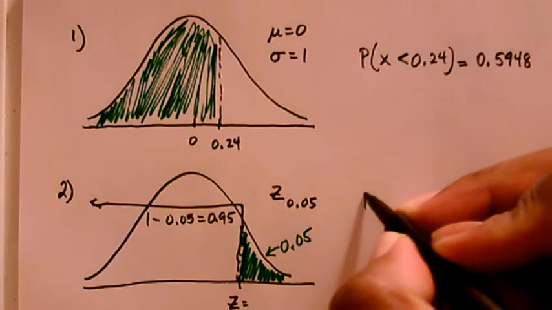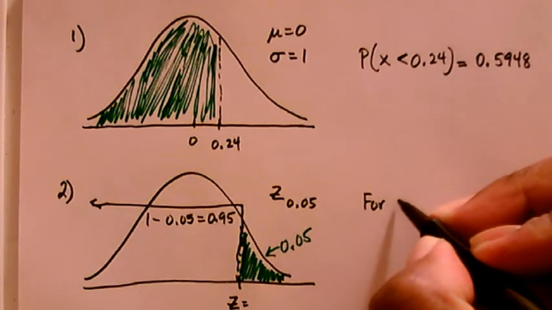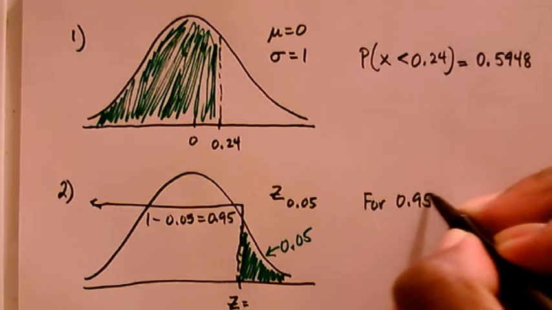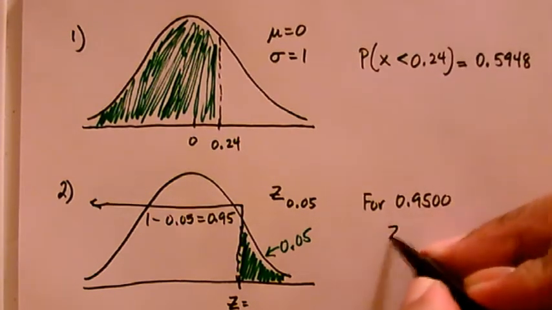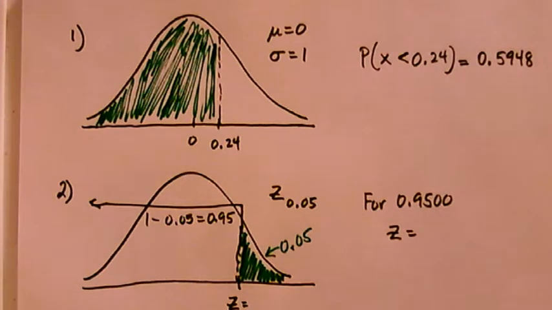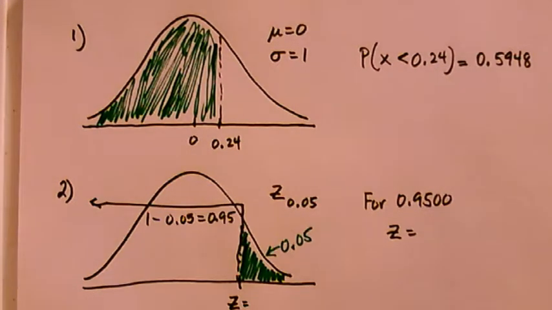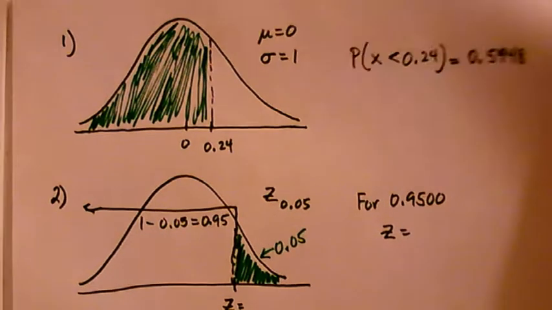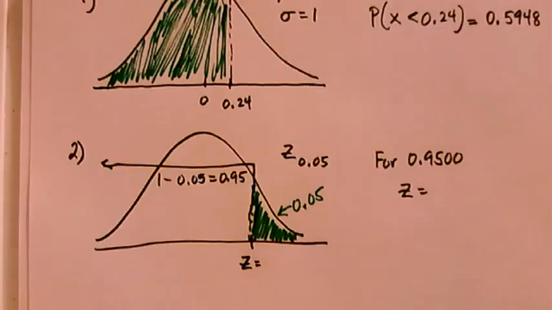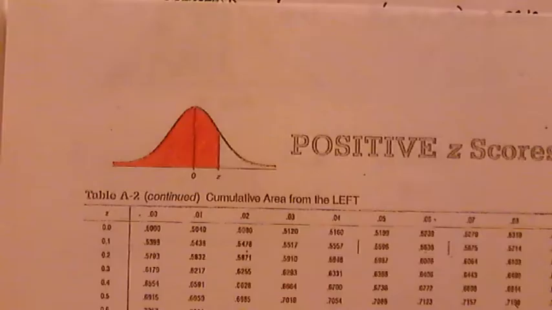Now, our table A-2 is to 4 decimal places, so we need to say 0.9500 and find out what our z value is. Okay. Well, 0.9500 is bigger than 1/2, so we need to, in this case, use the positive z-scores.